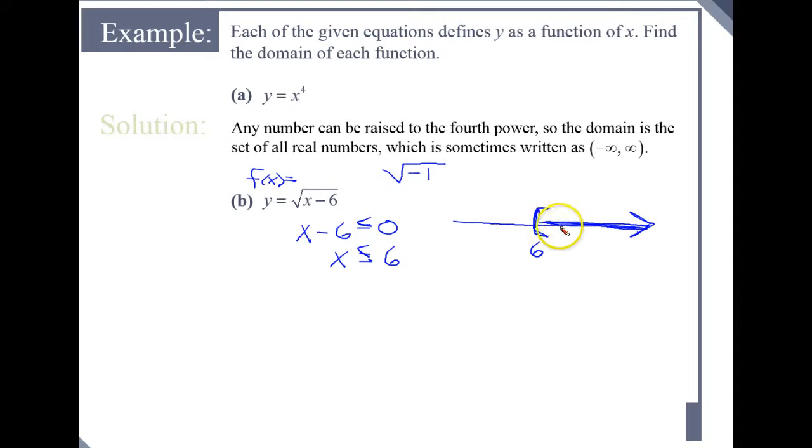So putting this now in interval notation, you put your bracket, you put a 6, and then positive infinity. And remember, infinity always has a parenthesis to enclose it. The bracket indicates that the 6 is included in the set.